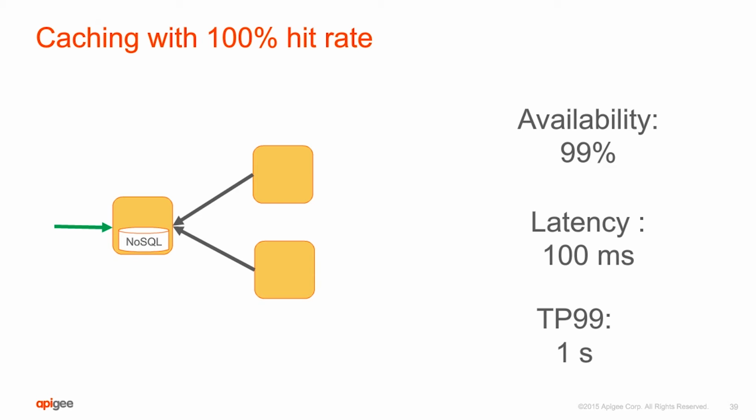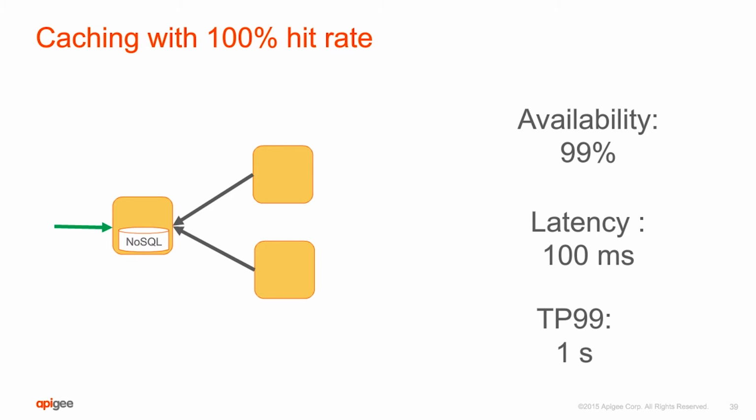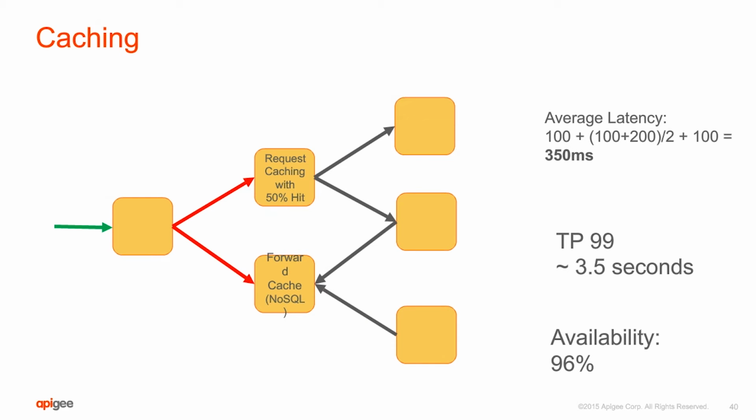Cool. Your latency is great, and your latency in the slowest 1 percentile is the same as the first service, right? 1 second. And so when you put all these things together, you get a combination of 100% caching plus request caching.